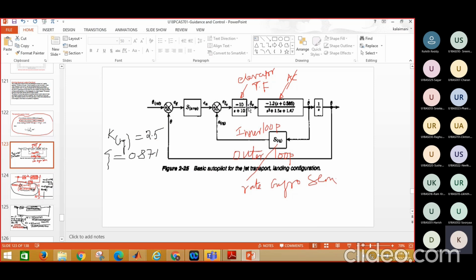So if the inner loop has higher damping, then the outer loop poles, the closed loop poles of the outer loop, have a tendency to reduce your damping. That's why we select the inner loop having a higher damping. So if we select a damping ratio of 0.871, that rate gyro sensitive value is 2.5.